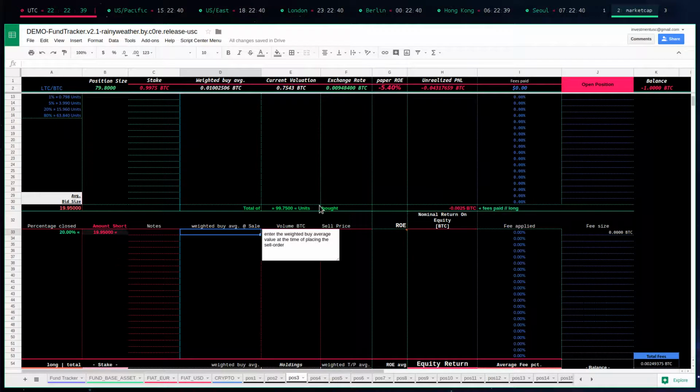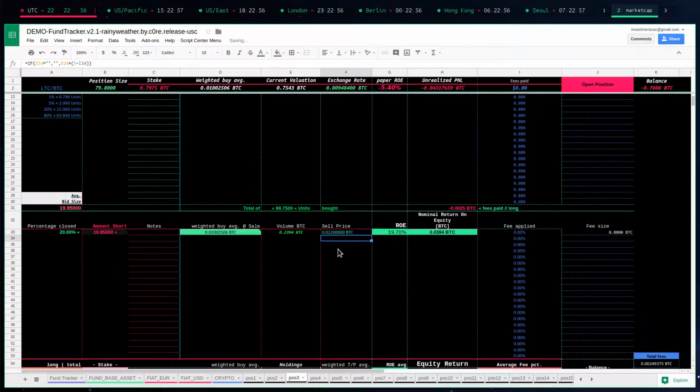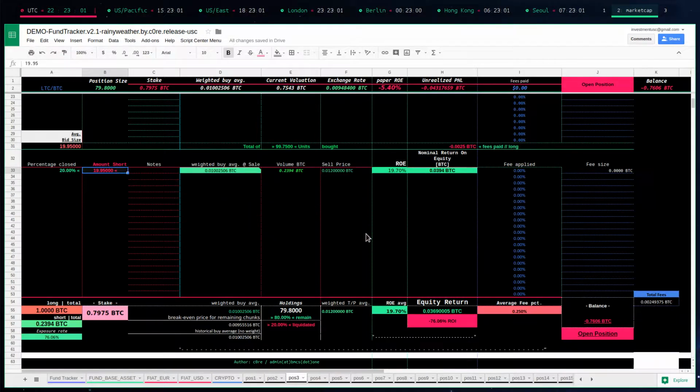And at the time of our sale, our buy average was at 0.01002506. Let's say we project a sell price of 0.12. That's 20% on 20% of our holdings. Fees again.